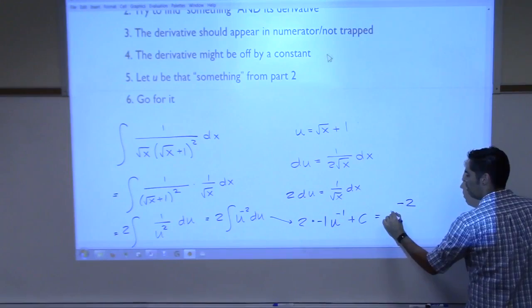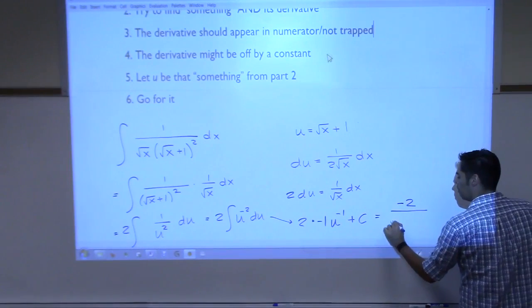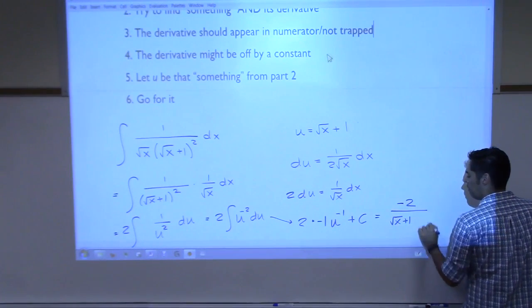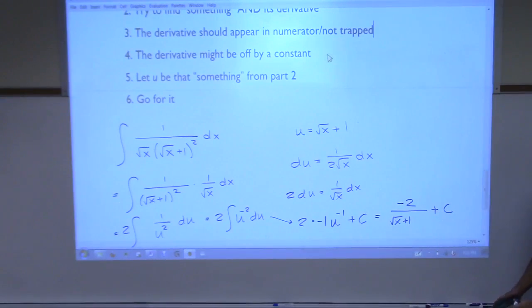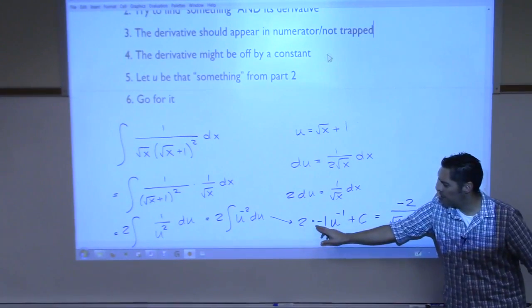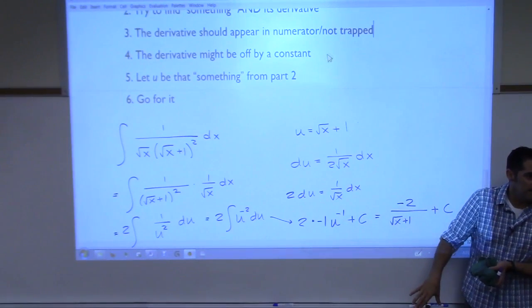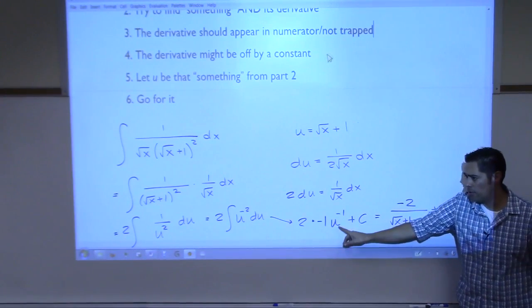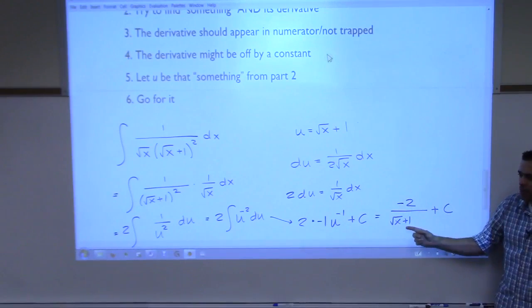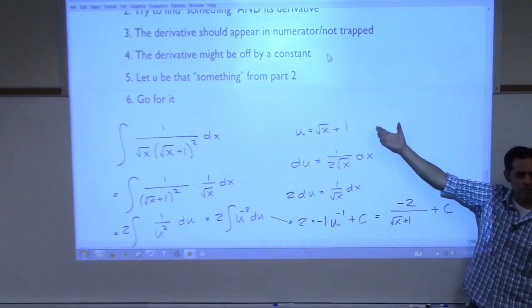Negative 2 over root x plus 1 plus c. I just put the 2 and the negative 1 together, and it gave me negative 2. And then u to the negative 1 really means drop the u down. This is really 1 over u. So I just put 1 over u here, but I replace my u with root x plus 1.